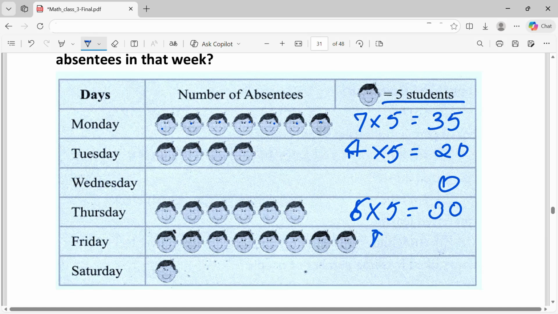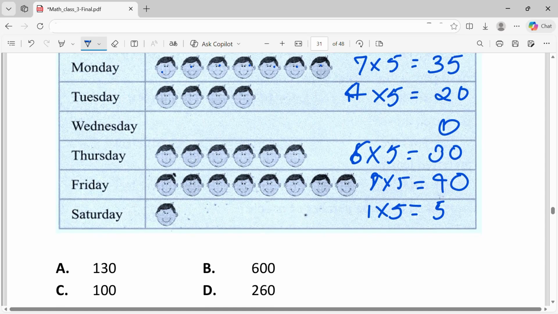On Friday, 8 into 5, that is equal to 40. And on Saturday, 1 into 5, that is equal to 5. So the sum of absentees of all days is equal to 130. That is option A.